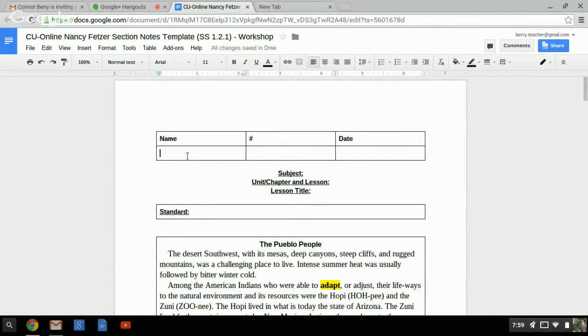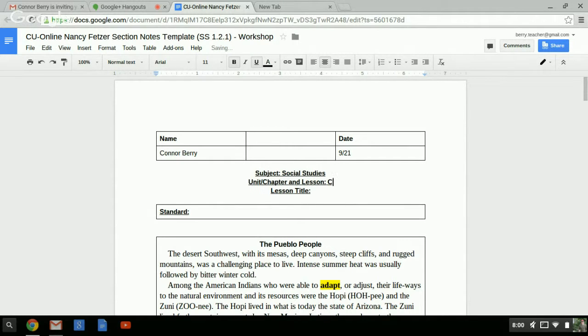I'm going to put in my name. We don't have a number, so you don't need to worry about that. Then the date, whatever date you're doing this on. We're going to be doing this over the course of a week, so I'm going to put 9/21 since it was the week of 9/21, even though it's not the 21st today. Then I put in the subject, which is social studies. The unit, chapter, and lesson.